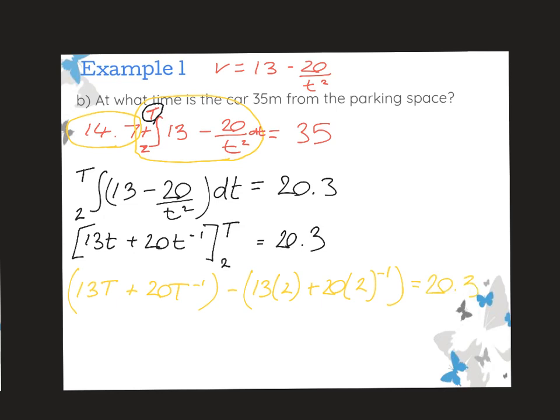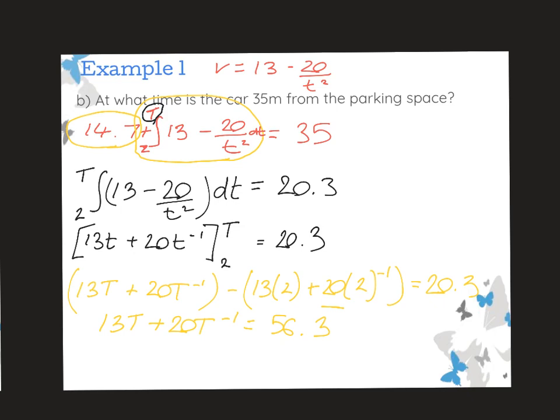And that's equal to 20.3. When you work all of that out and then add this amount here onto the 20.3, you're left with 13t plus 20t to the power of minus 1 is equal to 56.3.